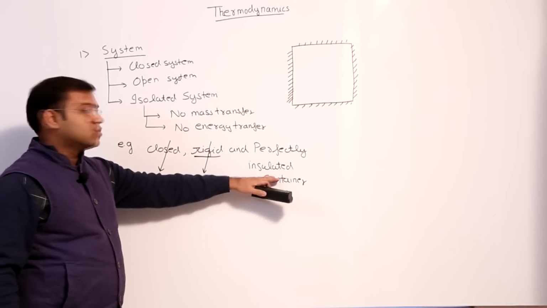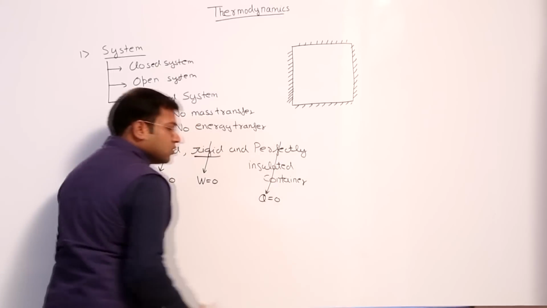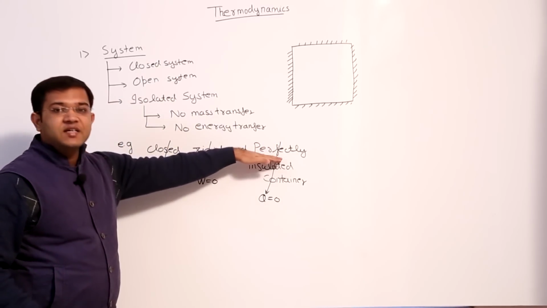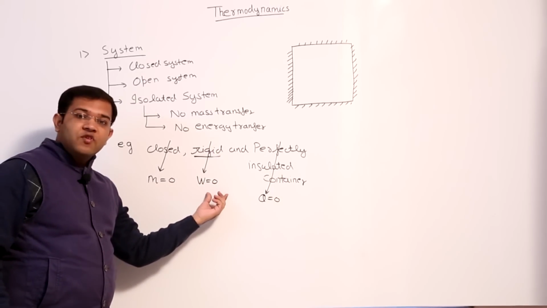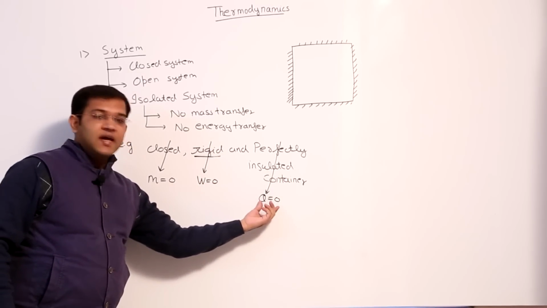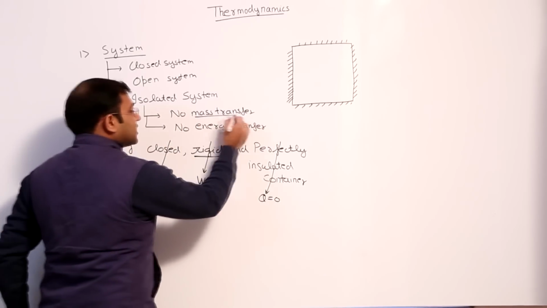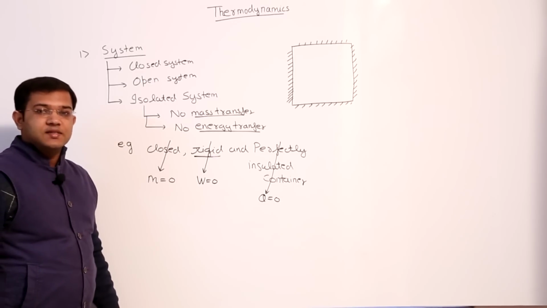By doing insulation, heat transfer is equal to 0. So in a closed, rigid and perfectly insulated container there is no mass transfer, no work transfer, nor any heat transfer. So there is no mass transfer and no energy transfer in an isolated system. Fine.